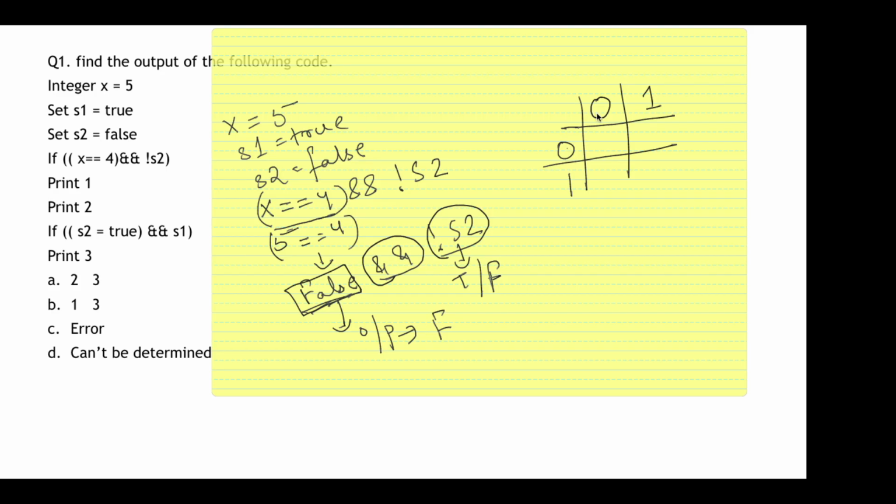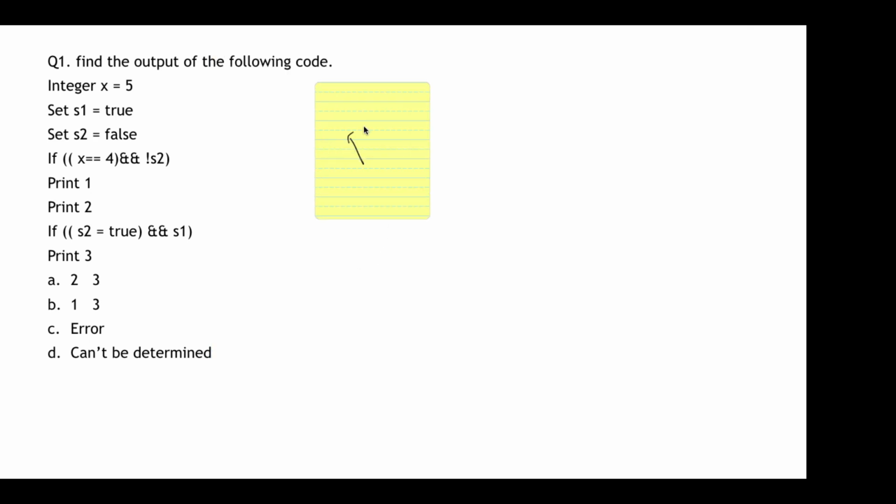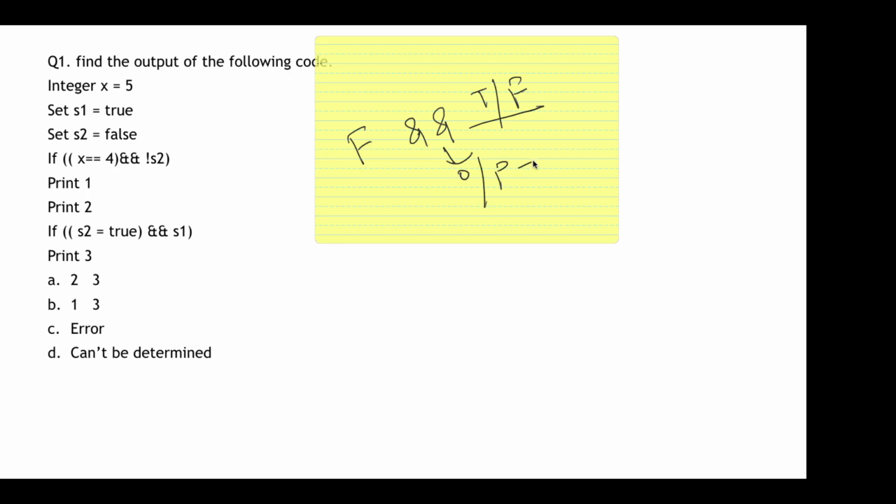If this is false, this is false, the output is false. This is false, this is true, the output is false. If this is true, this is false, the output is false. Only when both are true, the output is true. So even if there is one false and then there is an AND operation, it doesn't matter whether the other side is true or false, the output is bound to be false.